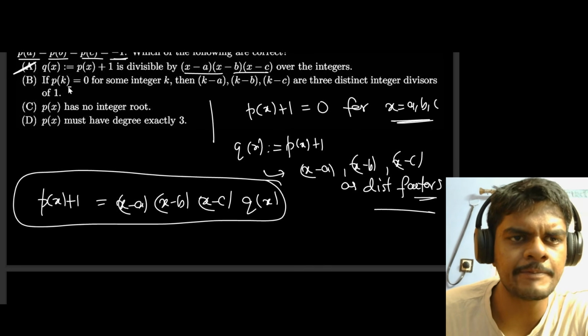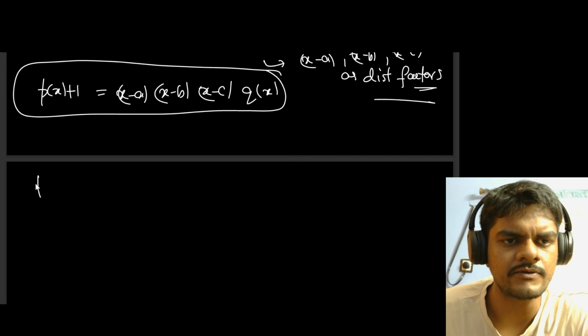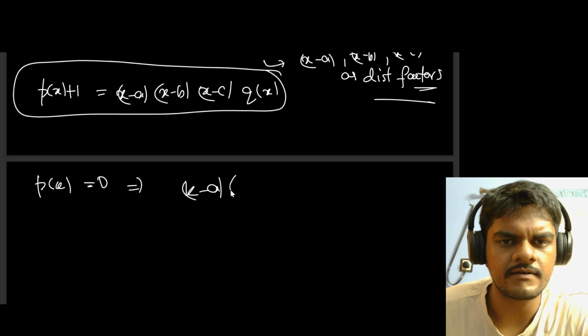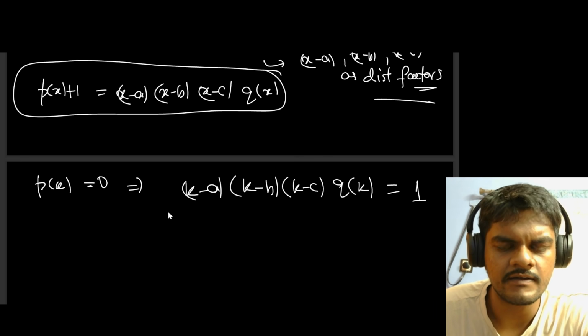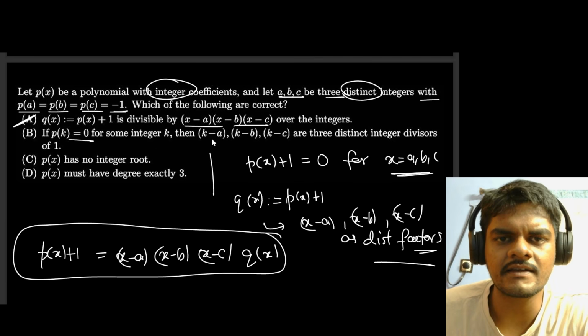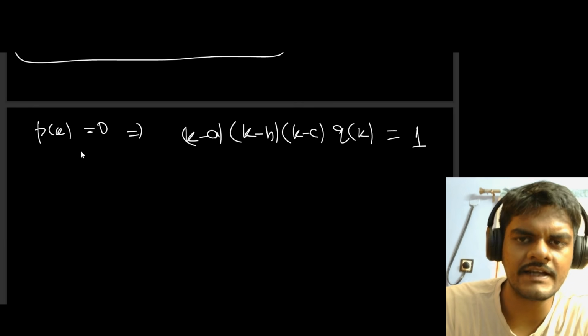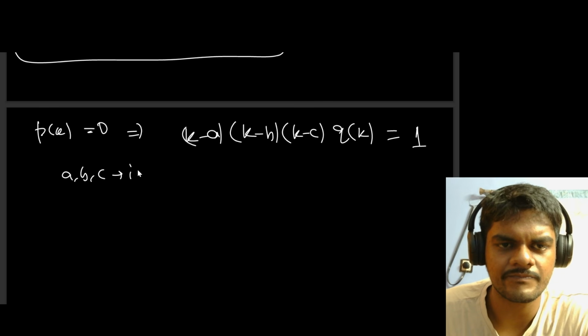Now, using this, if P of k equals 0, that will imply k minus A, k minus B, k minus C into Q of k is equal to minus 1, that is, the product is 1 in magnitude. That implies that k minus A, k minus B, k minus C are 3 integer divisors of 1. Meaning these are integers, A, B, C are integers, right?